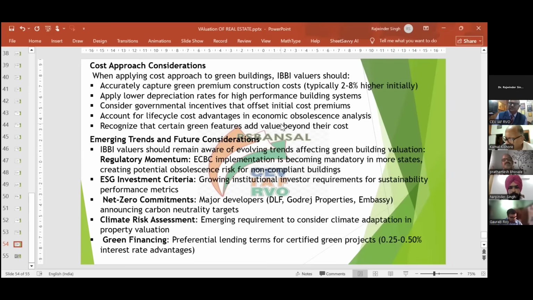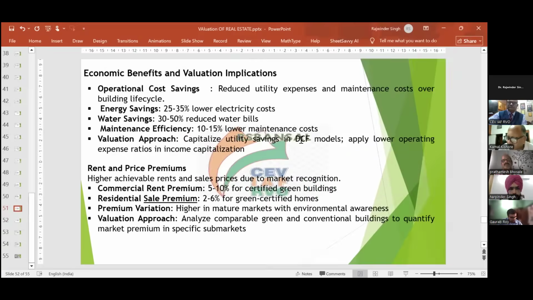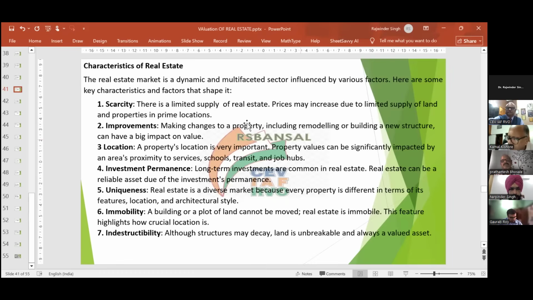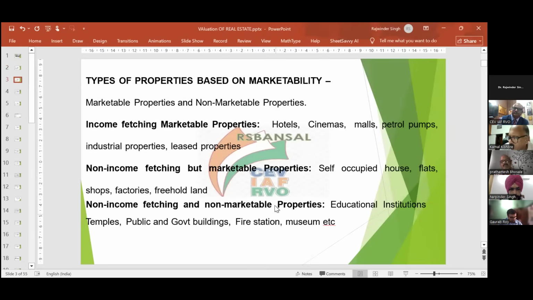In one of your slides, you mentioned non-income fetching marketable properties. You mentioned shops and factories in the non-income fetching properties. Sir, shops and factories which are for self use.